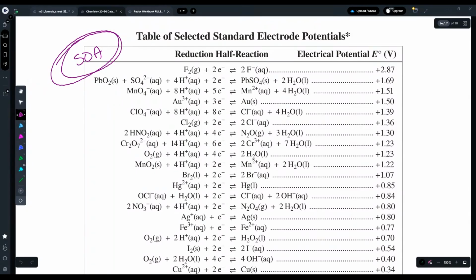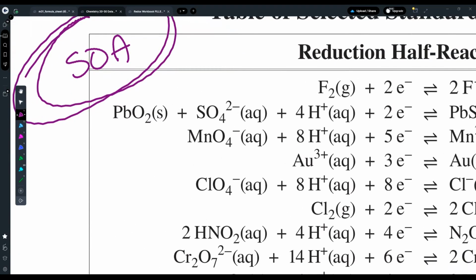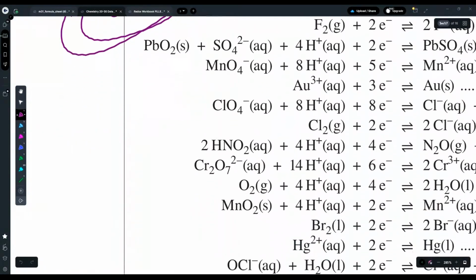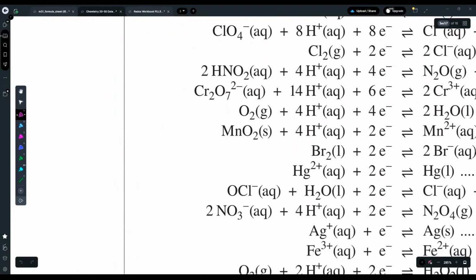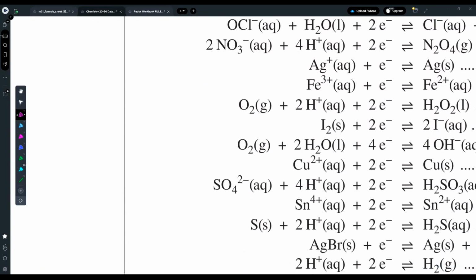The reason why I'm doing that is because I need to figure out what is my reduction half reaction, what is my oxidation half reaction. So I'm going to start out by just going through the left-hand side and seeing what I have. So we have copper 2+.